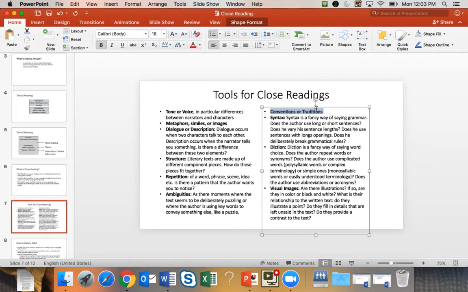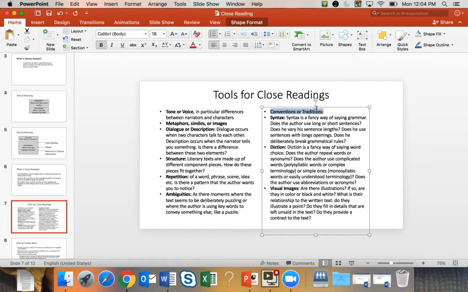Or does the author deliberately use simple words, monosyllabic words, or words that refer to easily understood terminology? And since we're studying medical literature, the other thing you can examine is whether the author is using abbreviations, acronyms, or slang terms?